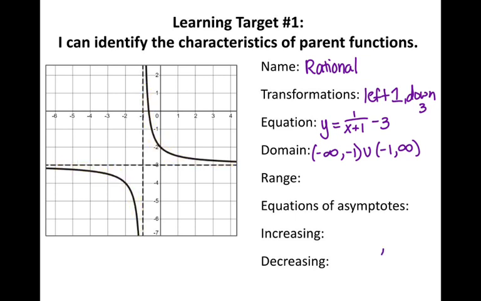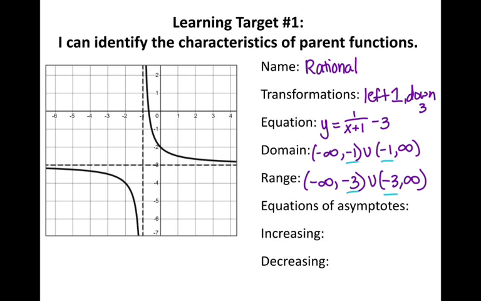So my first range, negative infinity to negative 3, and then negative 3 to infinity. So you can kind of see with my domain and range, if you look closely, right here, these are our asymptotes, and our domain and range are separated based off of those asymptotes.